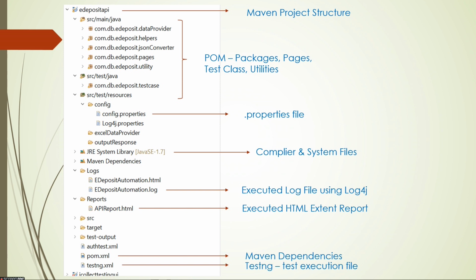Third, use some properties file or test data file where you can maintain data. And another is you have to include logs and reporting as well. You must also include some compiler or dependencies, and a test runner.